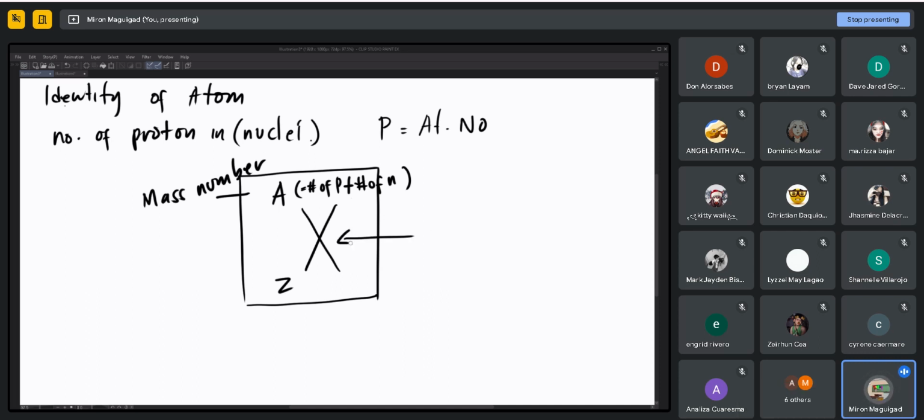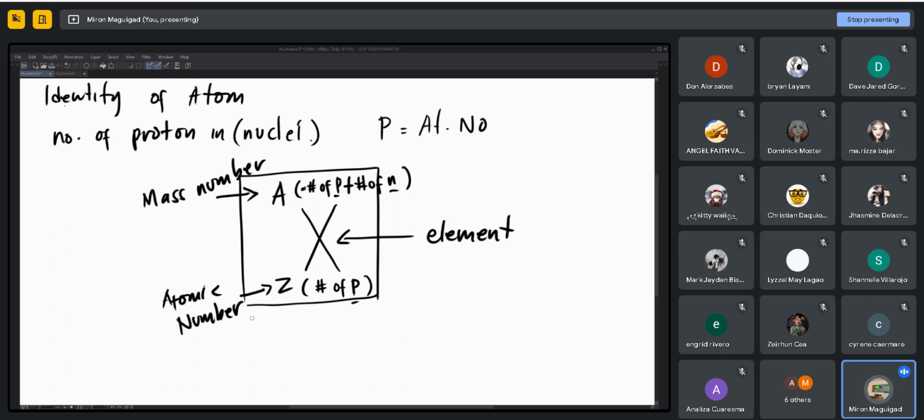This is the element. And this is the atomic number. The atomic number is also the number of protons. P, protons, neutrons, protons. So A is the mass number, which means the sum of protons and neutrons.